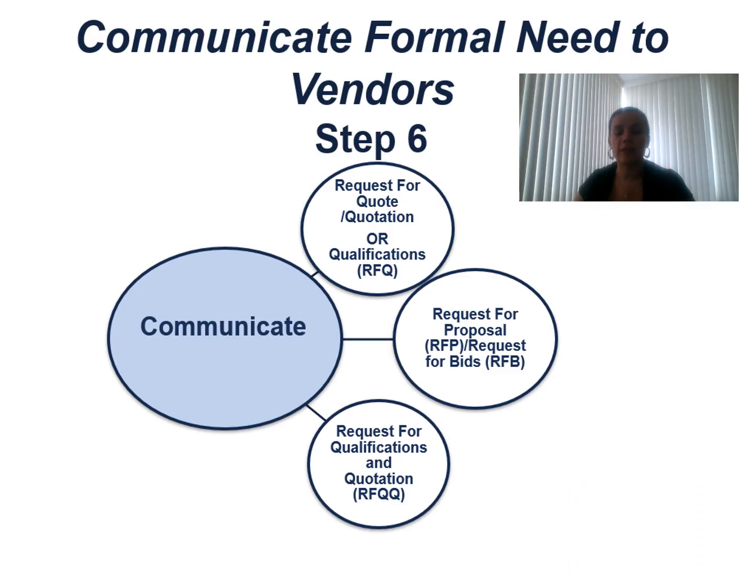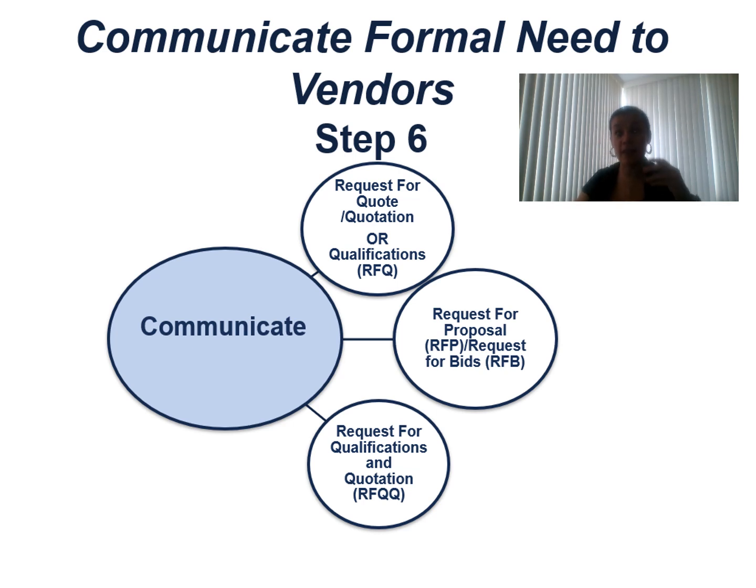Now let's go to step number 6, that is communicating the formal need to the vendor. It includes 3 phases: request for quotation, request for qualifications, request for proposal, and request for bids. There is another form to request or communicate formally with the vendor.